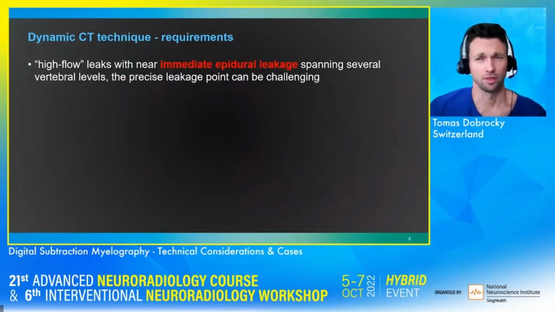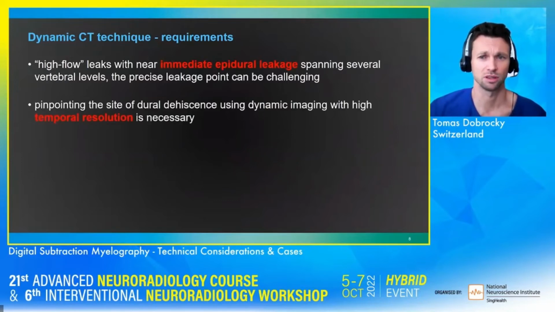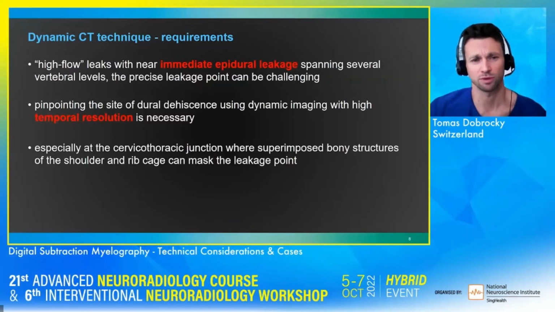A lot of leaks are very high flow leaks, with immediate leakage into the epidural space. So this means that we need an imaging modality with high temporal resolution to actually depict it.